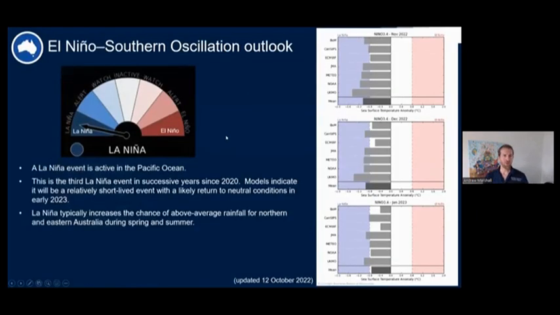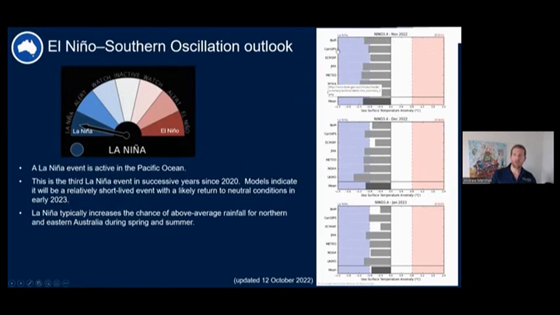Okay, so we'll go into the El Nino Southern Oscillation outlook. As I mentioned, we do have an active La Nina event in the Pacific, and this is the wet phase of ENSO for Australia. And if we look at the models, on the right here are each of the climate models that we survey at the Bureau. There are 7 of them, from around the world. So the Bureau's one is up the top here.